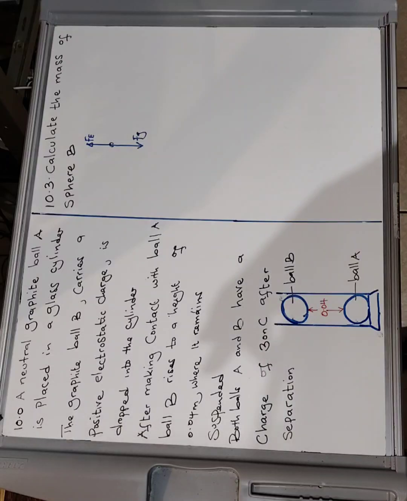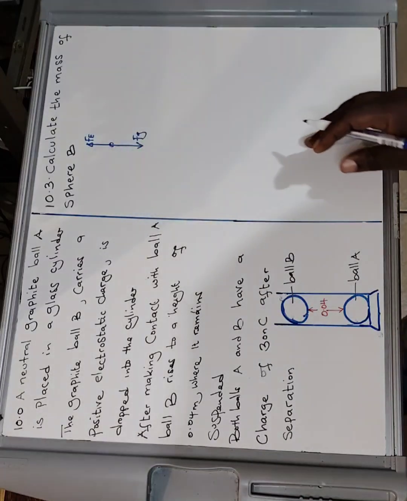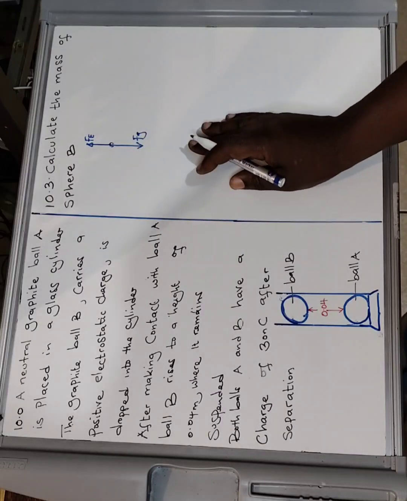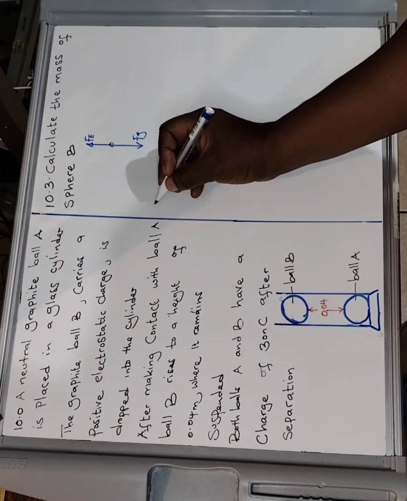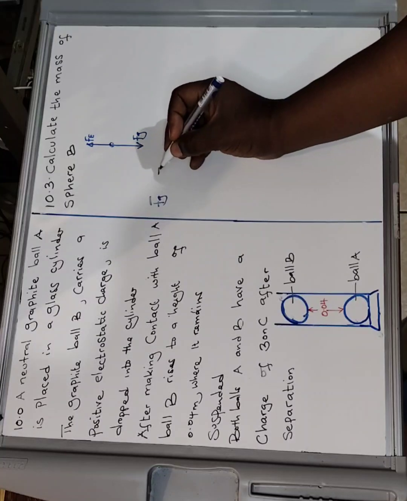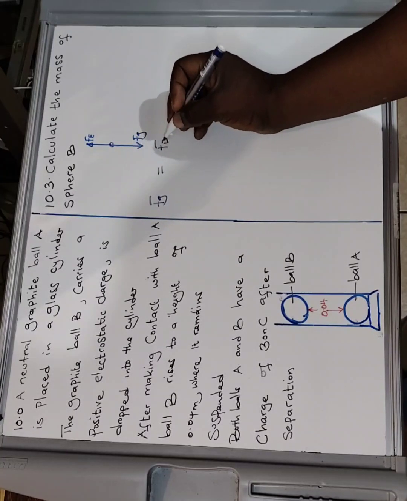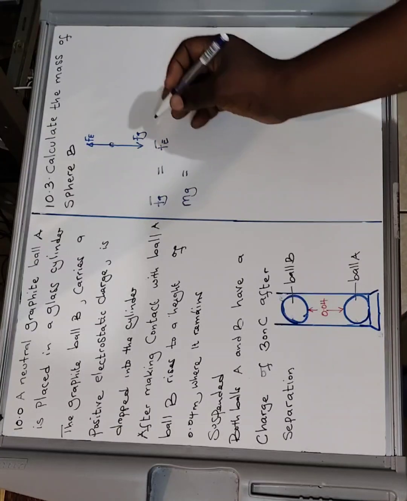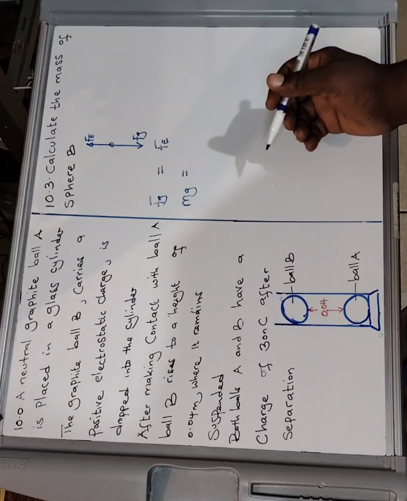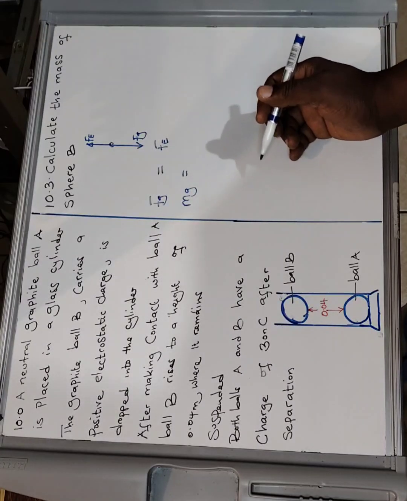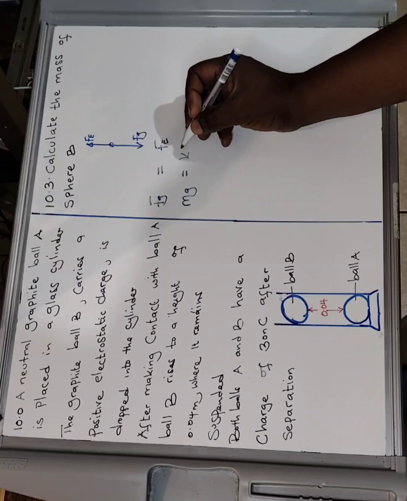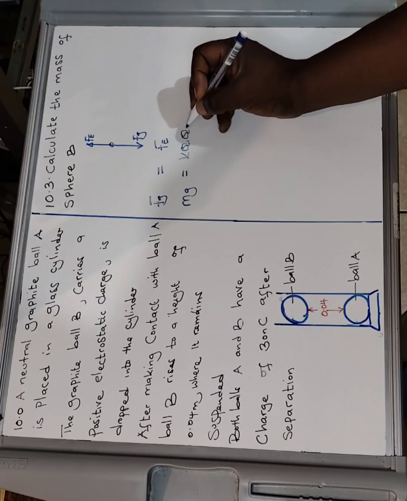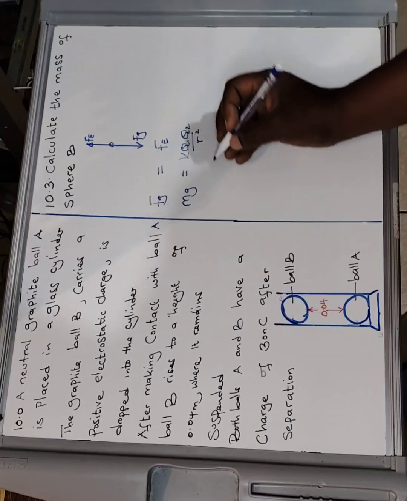What does that mean? The sum of forces in one direction is equal to the sum of forces in the opposite direction. So you have your formula now. It says Fg is equal to Fe. Fg is mg. Fe is the electrostatic force given by K Q1 Q2 over R squared.